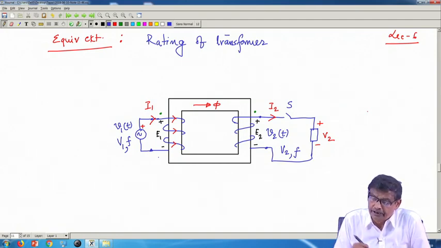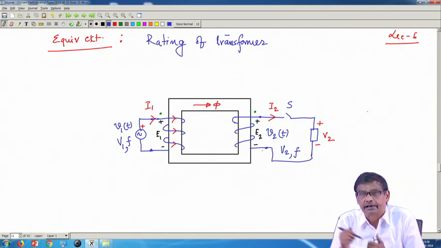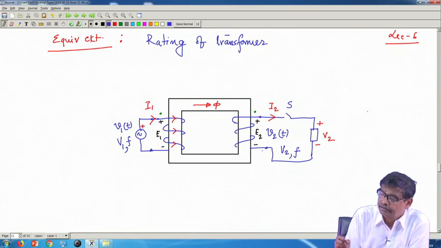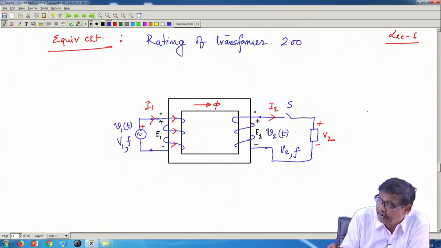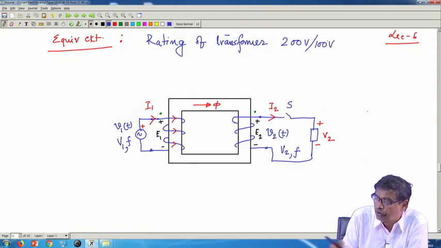So you can specify the voltage rating and current of the primary side and of the secondary side. For example, somebody writes that the voltage ratings are 200 volts stroke 100 volts.